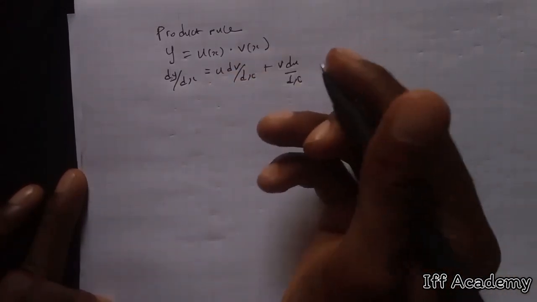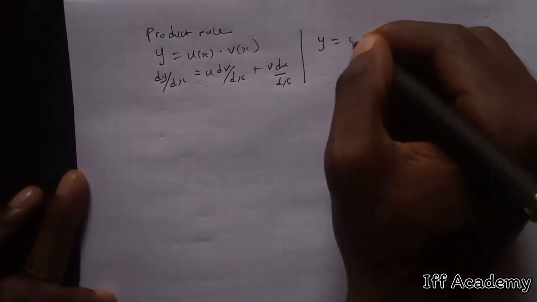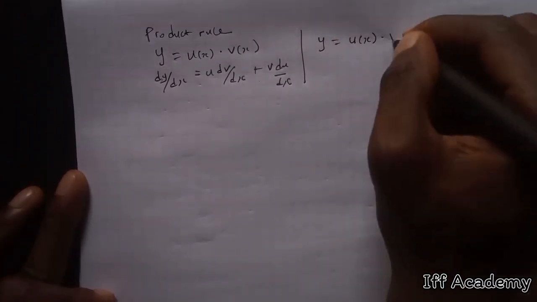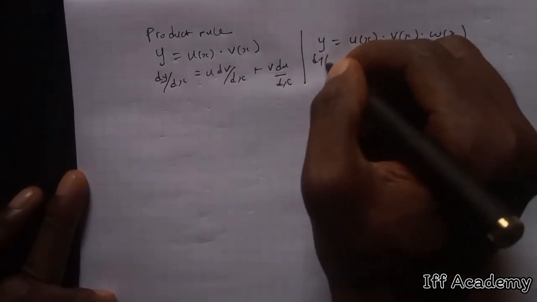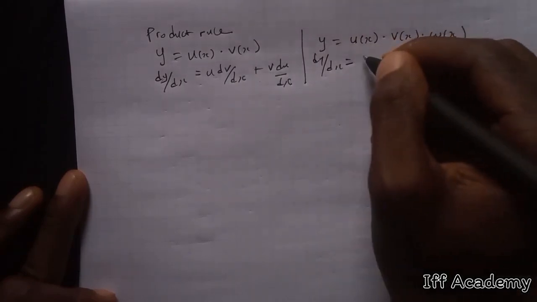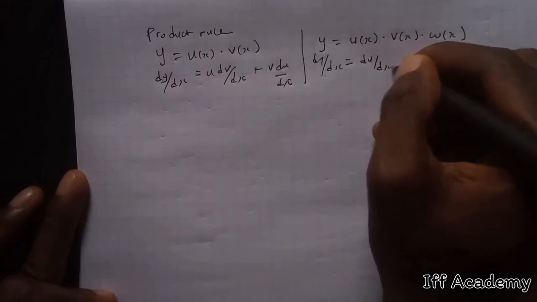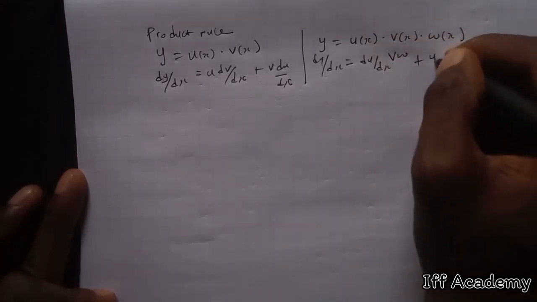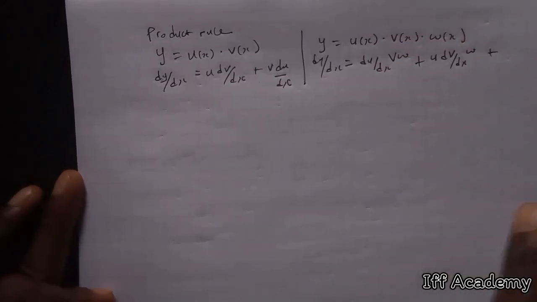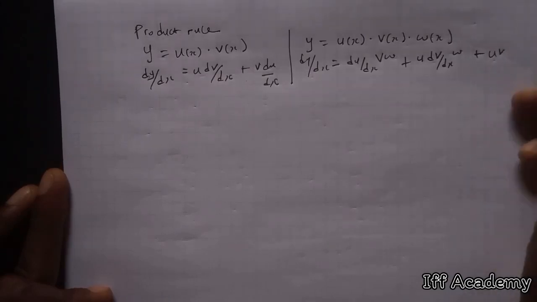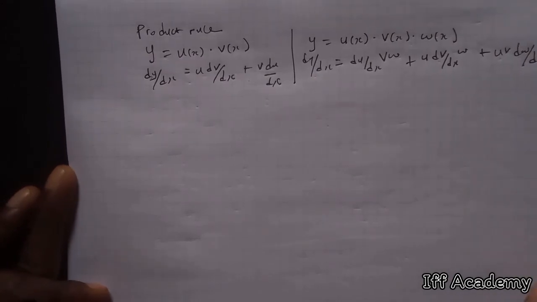And also, if y is equal to u of x times v of x times w of x, dy over dx will be equal to du over dx vw plus u dv over dx w plus uv dw over dx. Now let's look at some examples.